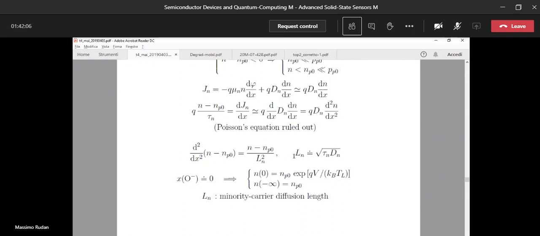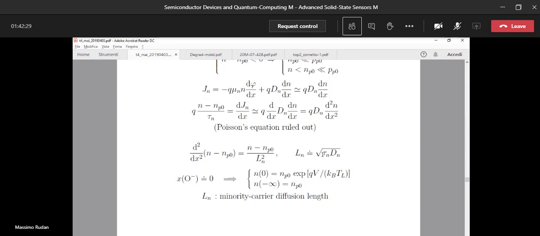So we define a length, Ln, that takes the name of diffusion length of the electrons in the p region. And this is equal to the square root of tau n times Dn, okay?